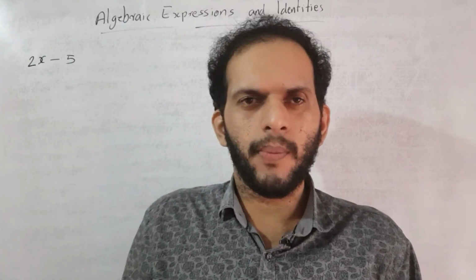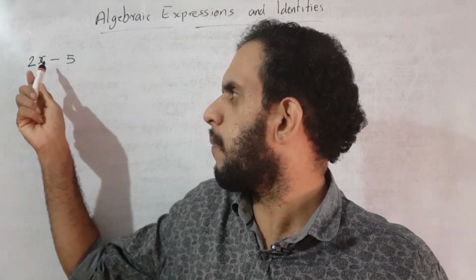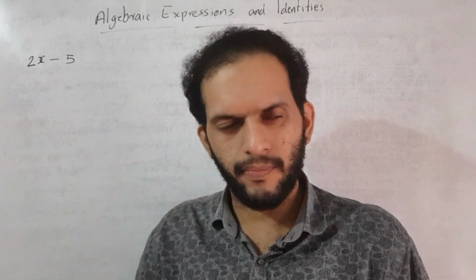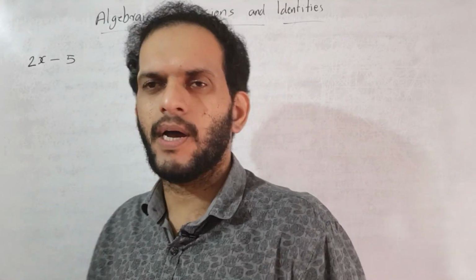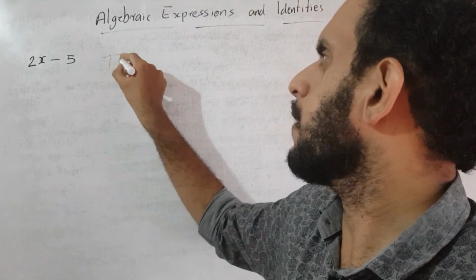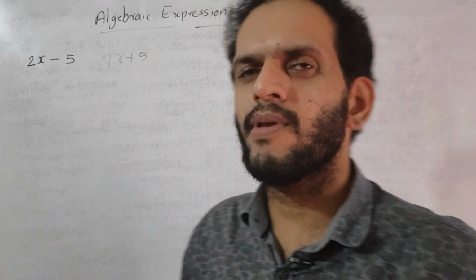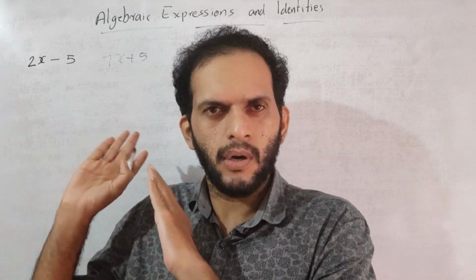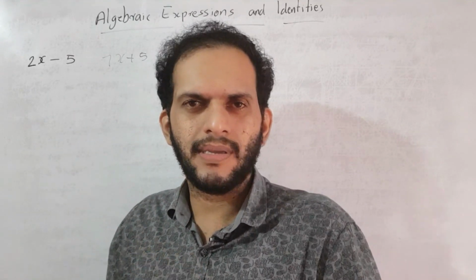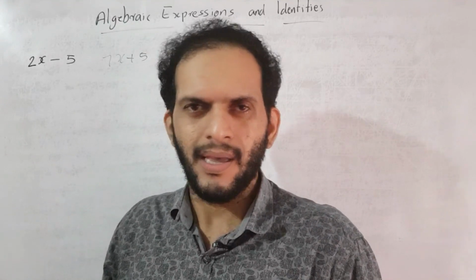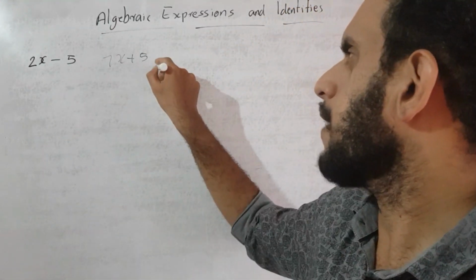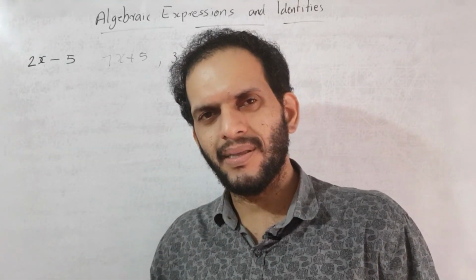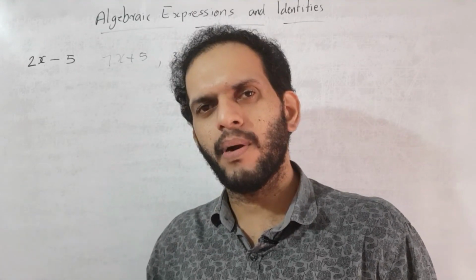It is formed by using the variable x and the numbers 2 and 5. 7x plus 5 is an algebraic expression formed by the variable and the numbers 7 and 5. 3x is an expression formed by using the number 3 and the variable x.